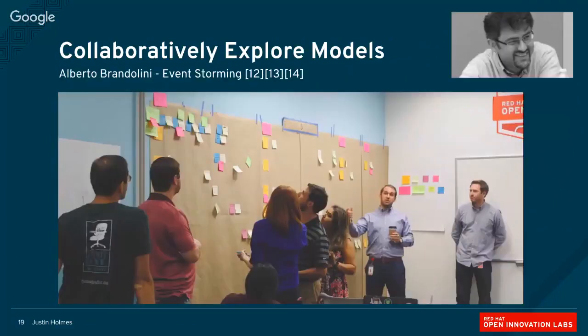All right, and the last practical tip that I've got for putting DDD into practice without having to read a textbook is a technique called event storming. This is another picture from a project we worked on recently at the Innovation Lab. You can think of event storming as process modeling without any tools, just sticky notes.